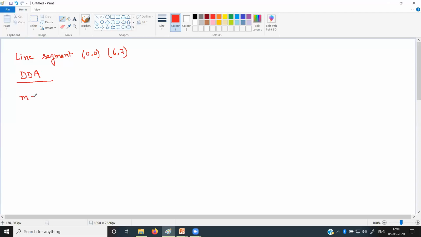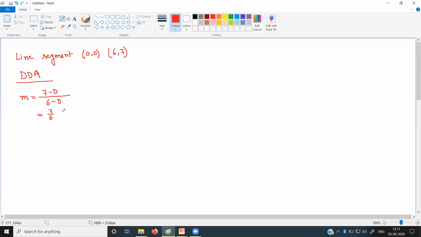Fine. And what is m? M is nothing but dy by dx. Dy means 7 minus 0, the difference between the y values of the line segment, and dx is nothing but 6 minus 0. Fine. So here the value of m will be 7 by 6.